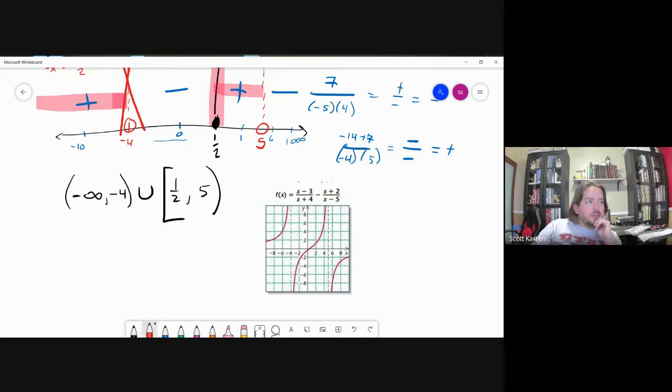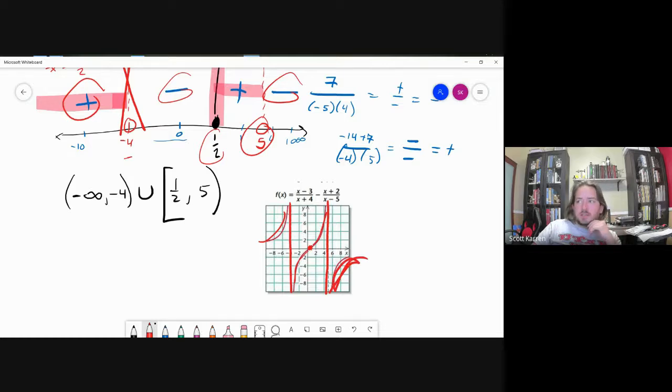We have this discontinuity at negative 4. That's this guy right here. We were positive to the left of it, which, yep. We were negative to the right of it, but up until 1/2. 1/2 is this 0 right here. We're negative on the left of it, positive on the right of it, and then we have another discontinuity at 5. That's this guy, and we are negative to the right of it, which, as we see, is true.